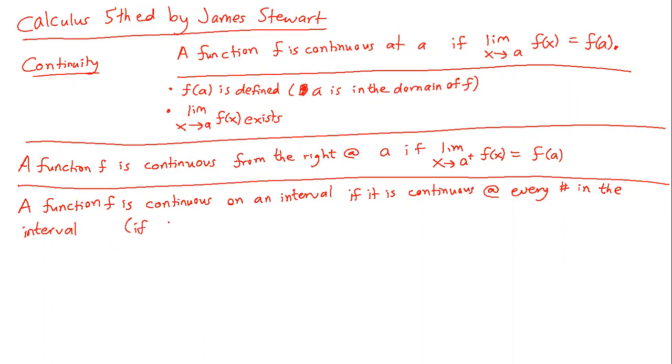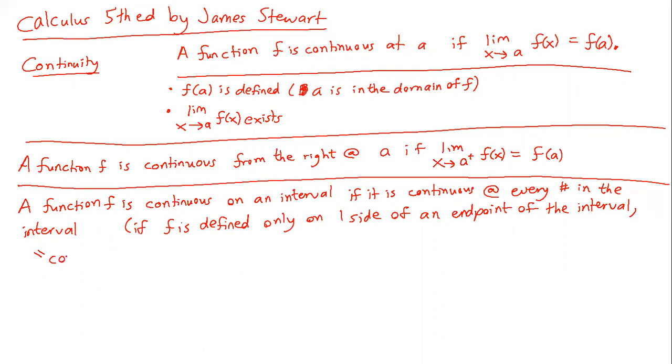If f is defined only on one side of an endpoint of the interval, then continuous at the endpoint signifies continuous from the right or left, depending on which side the endpoint is on. That's the wrong spelling of continuous, sorry about that.